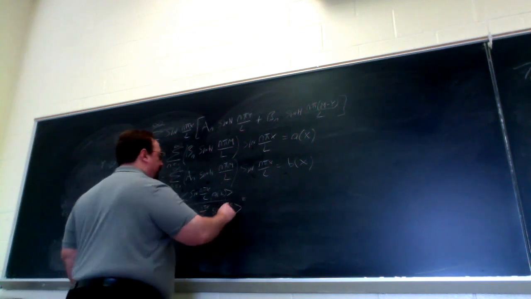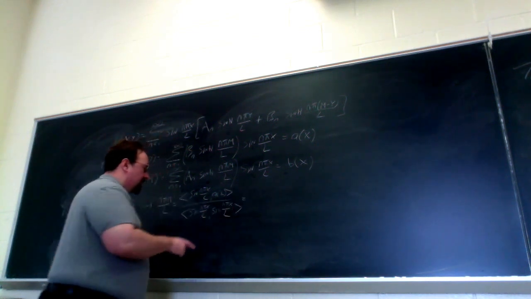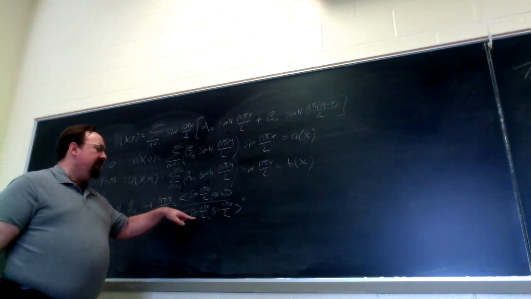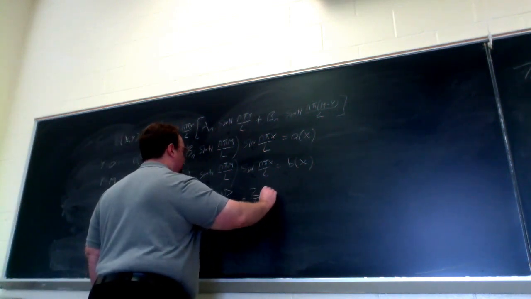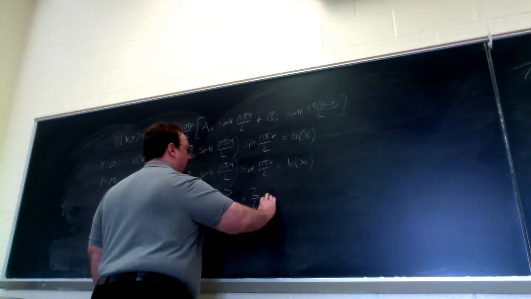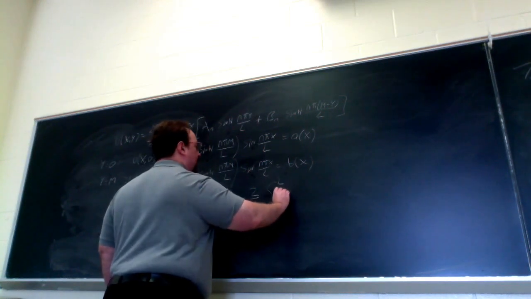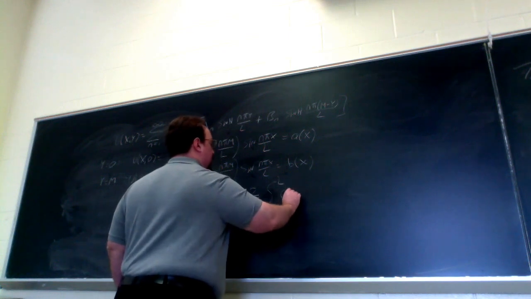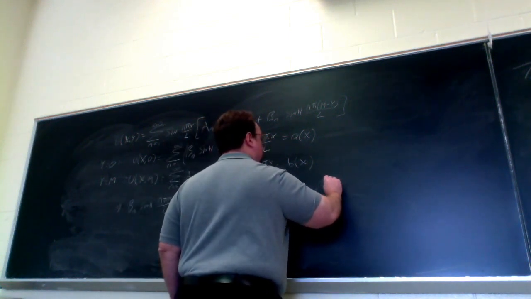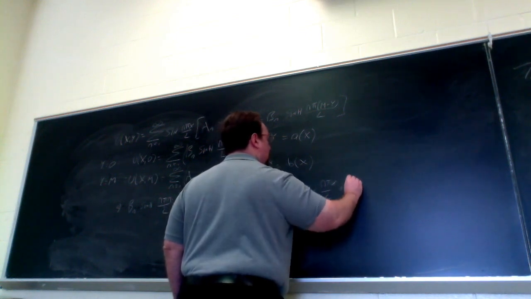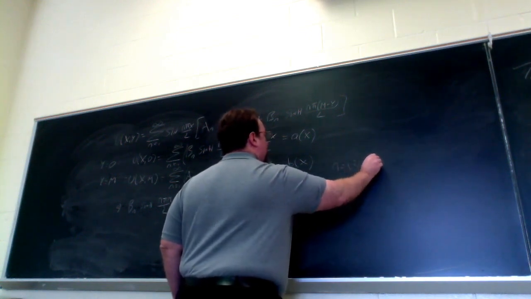Well, this denominator here is going to be L over 2. So I'm going to get 2 over L integral from 0 to L of A of x sine n pi x over L. And this is for n equals 1, 2, etc.